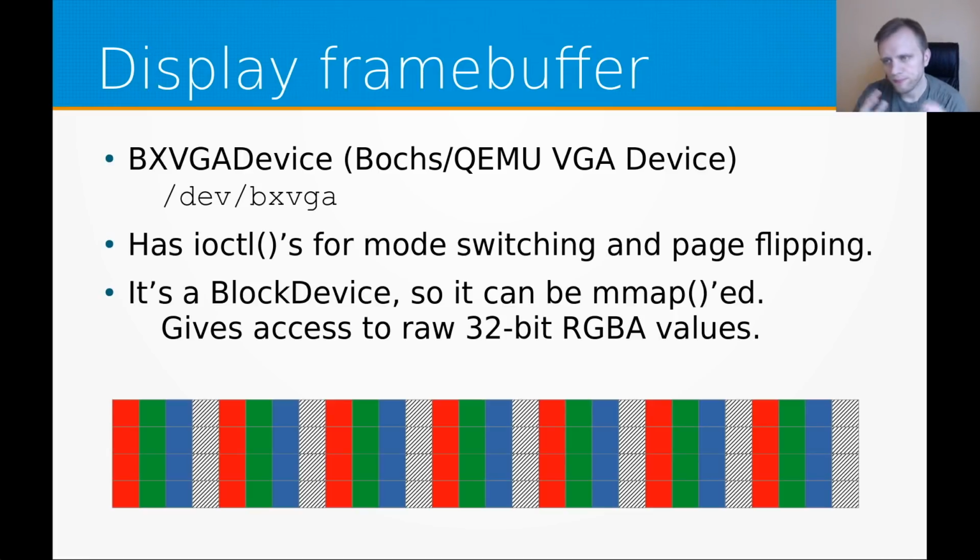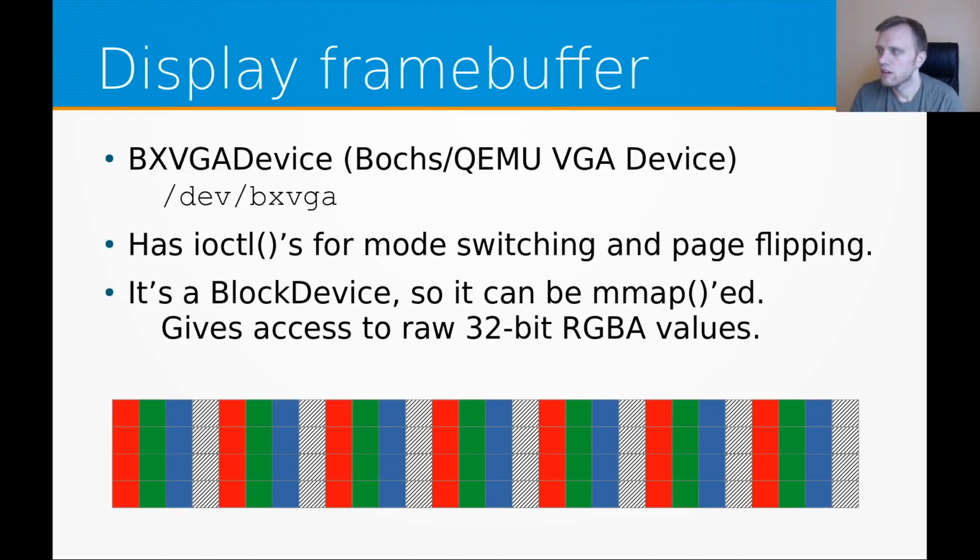So it's implemented as a kernel block device right now, and I've only implemented support for the Bochs or QEMU VGA device. So this is like a pretend VGA card that does not exist in the real world, but it's convenient for testing and bring-up because it implements the same feature set as a real card.